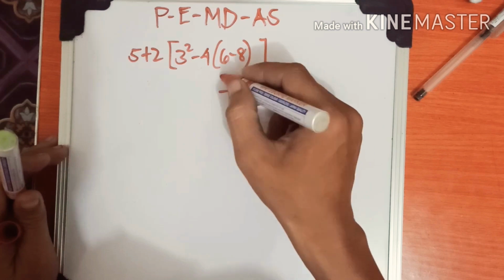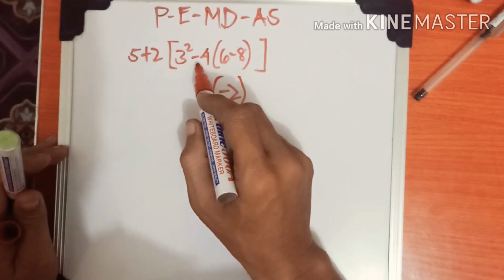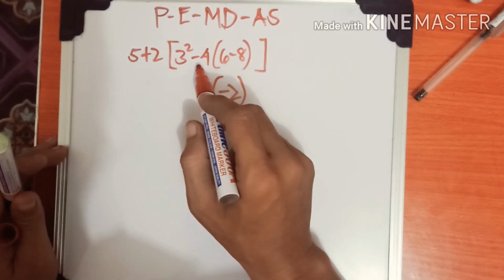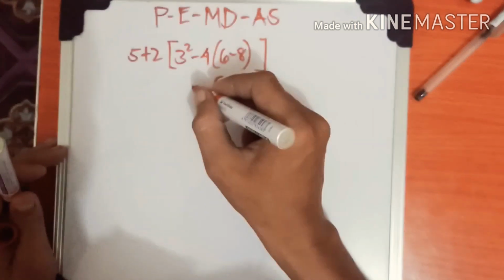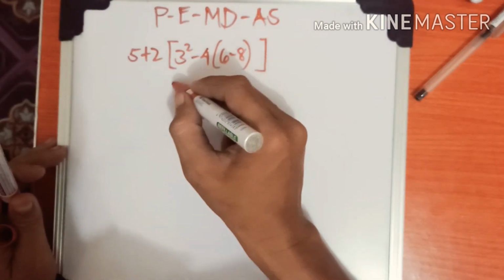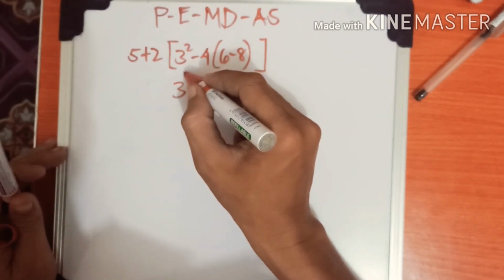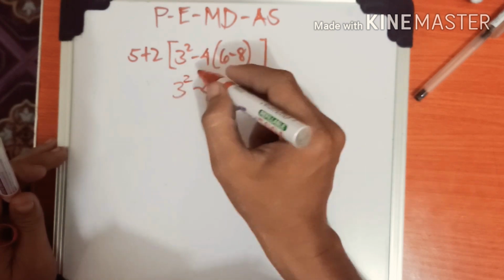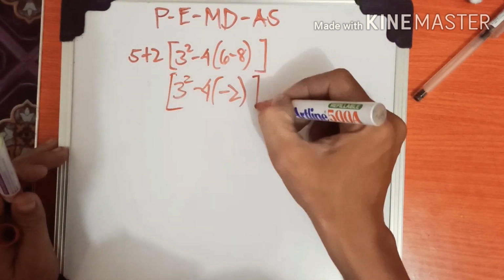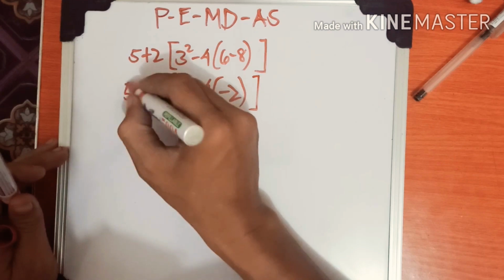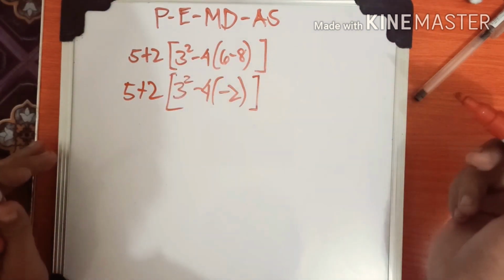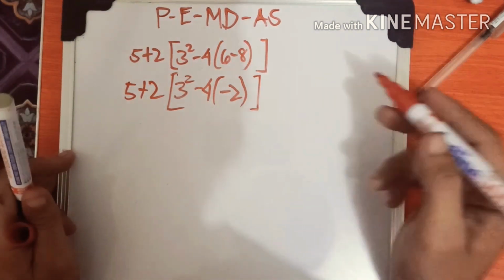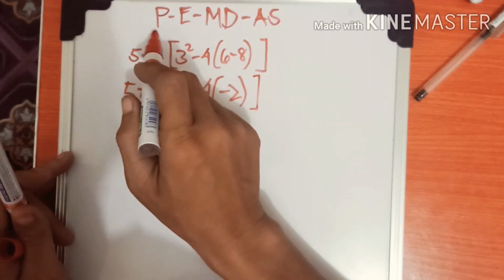We still copy the parentheses because of the number beside it, which is negative 4. And then 3 raised to the exponent of 2, and then copy the bracket, and then 5 plus 2 beside the bracket.